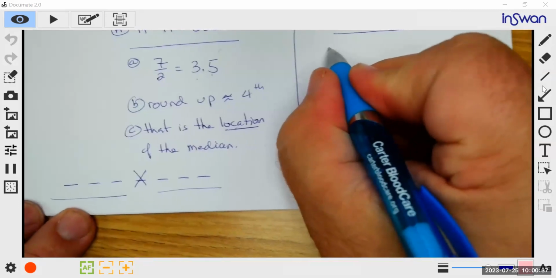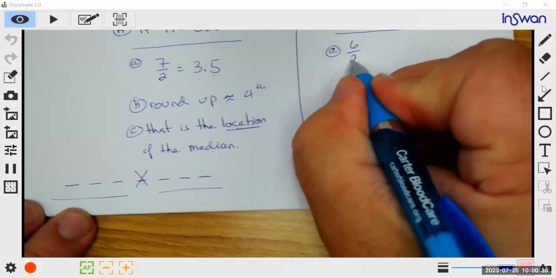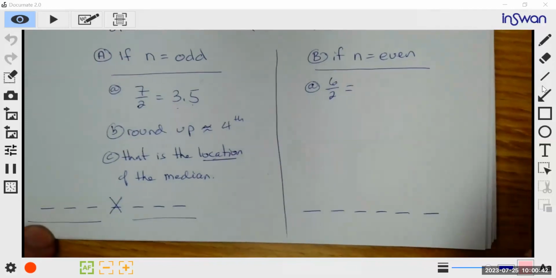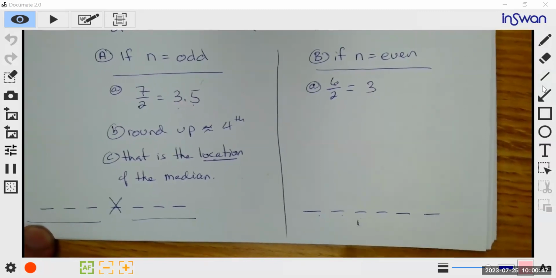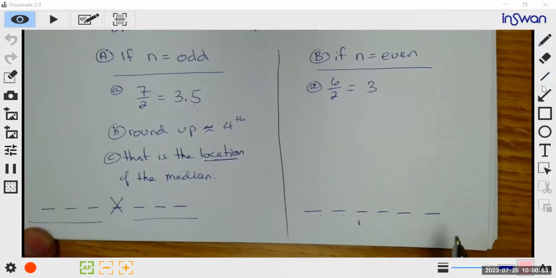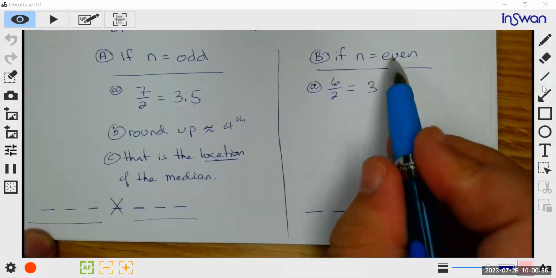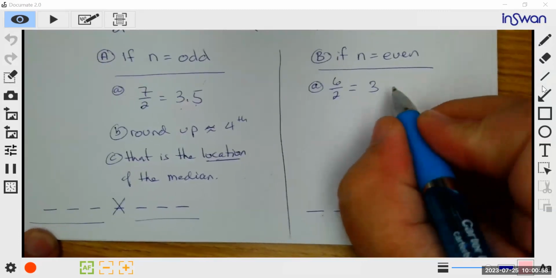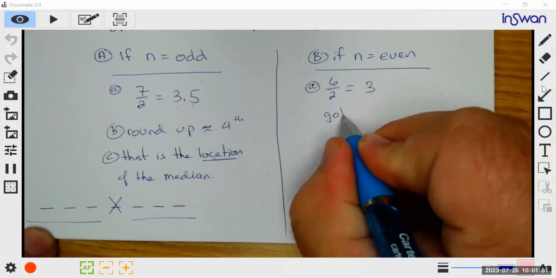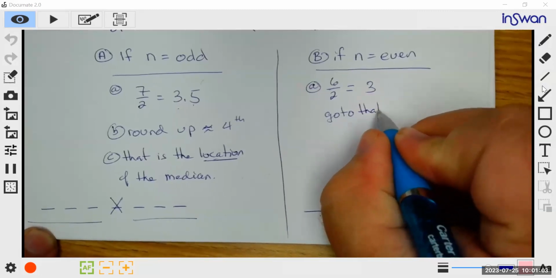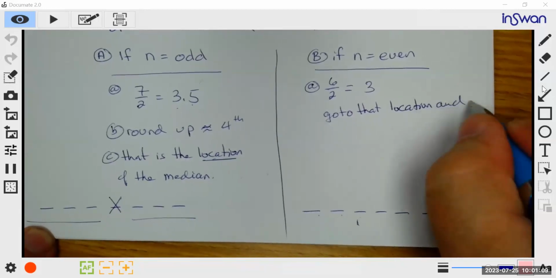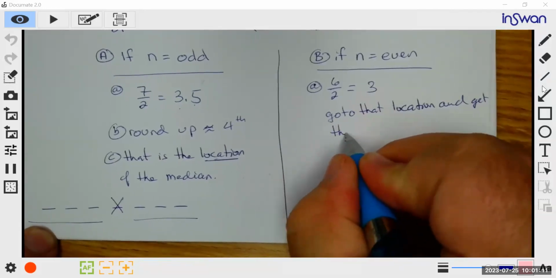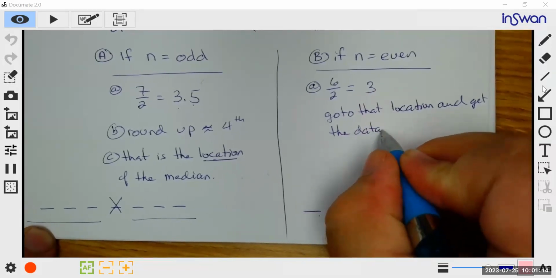If n is even, let's say 6 divided by 2, we get what? What's 6 divided by 2? So 1, 2, 3. Is that the middle number? No, because you only have 2 here and you have 3 here. So if you have an even number and divide by 2, go to that location and get the data value.